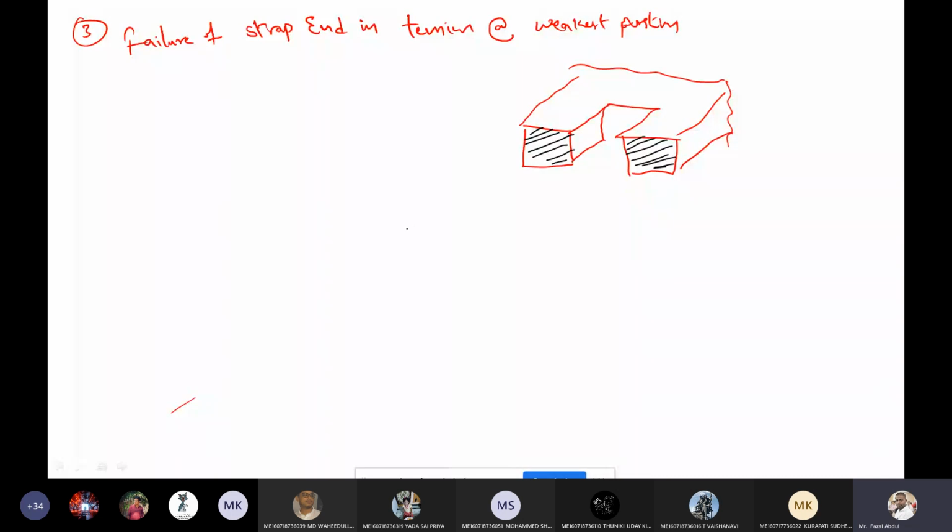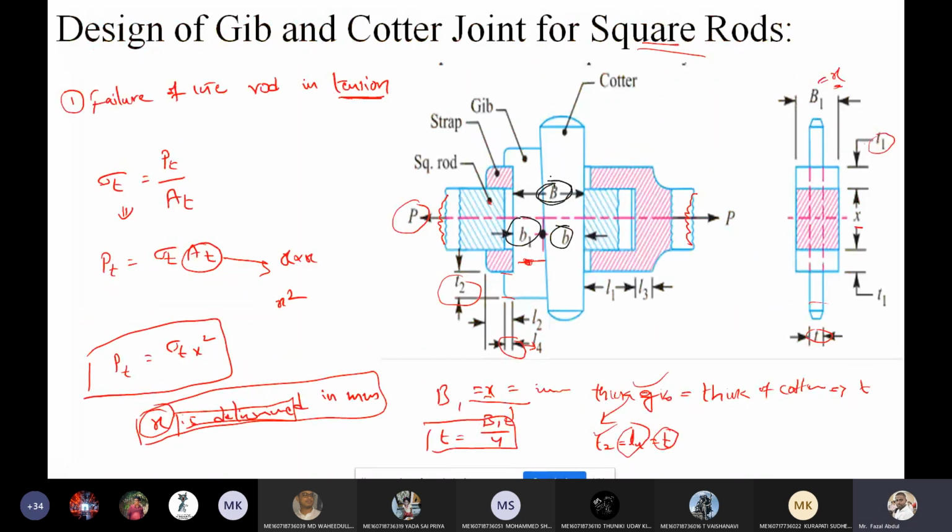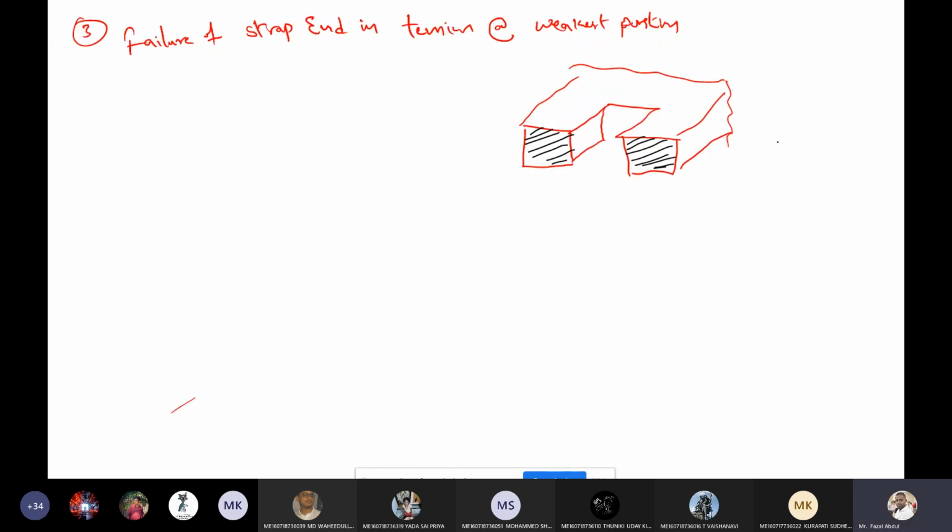So what is the failure area here? This area, the total width of the strap is this one. Just see in this figure. The width of the strap is total B1, from here to here. Now this gap is the gap thickness, that is T. Now this is the strap thickness T1.